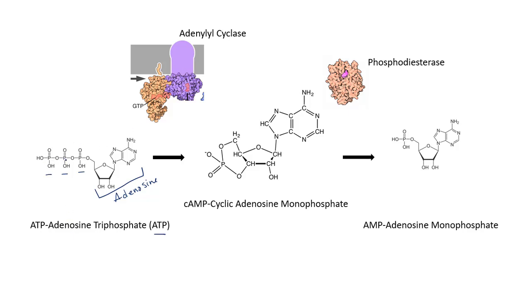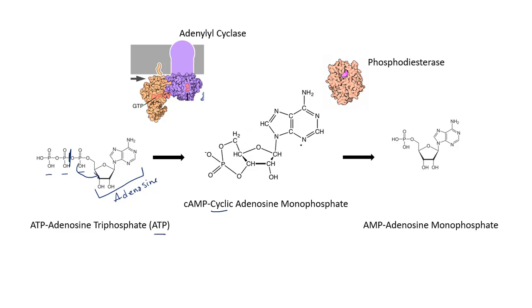And what this enzyme does is it cleaves off the two terminal phosphates from ATP and then cyclizes the remaining phosphate to the sugar ring. And we can see that right here. That one remaining phosphate group is now connected to the sugar ring in two places. And that's where we get that name, cyclic AMP.